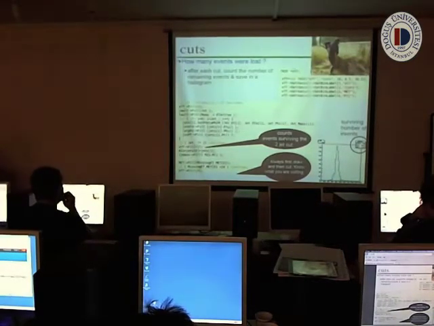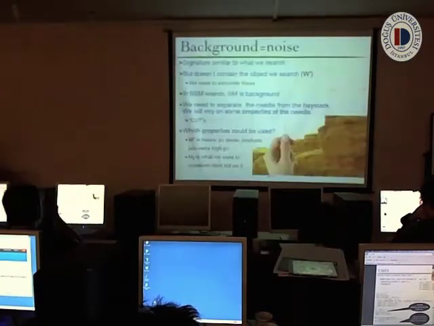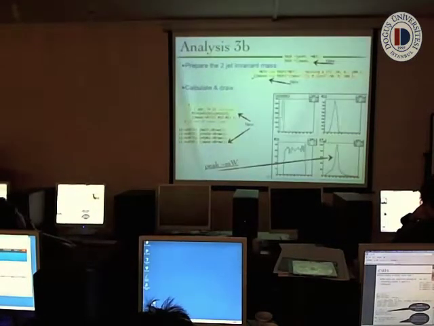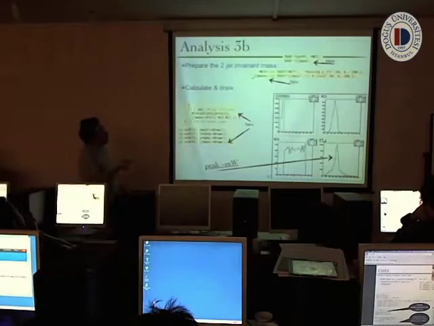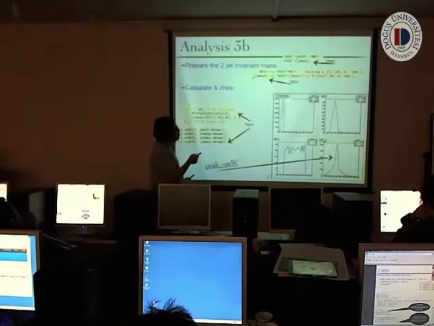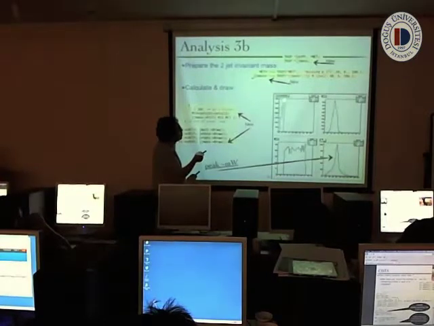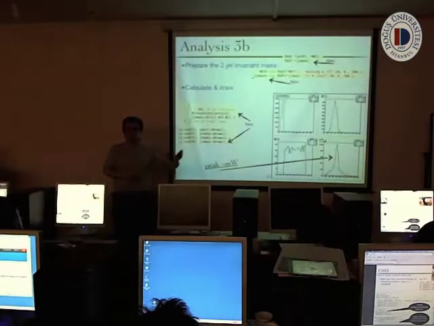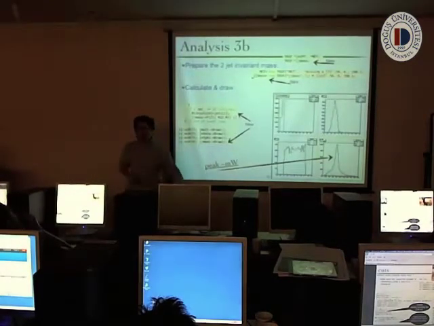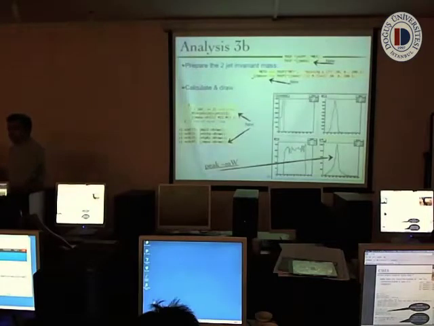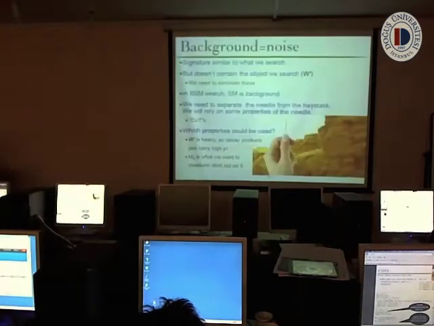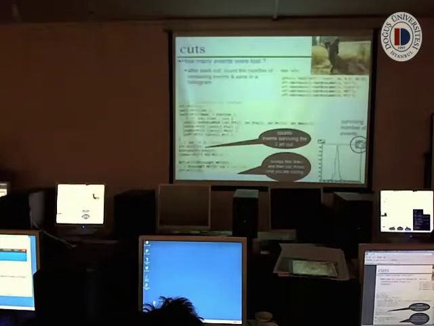In fact, I know this because I have been plotting the jet multiplicity all the time. So out of 5,000 events, if you look here, this is the number of events with 2 jets, about 3,400 or so were with 2 jets. So the efficiency of this cut will be 3,500 divided by 5,000. Yes? Not too difficult. Okay.